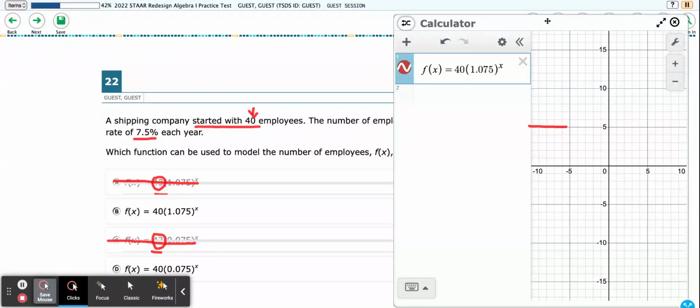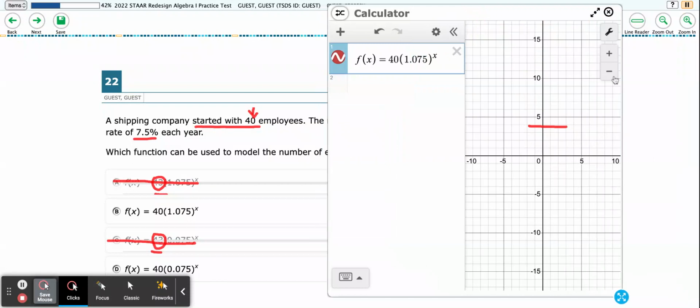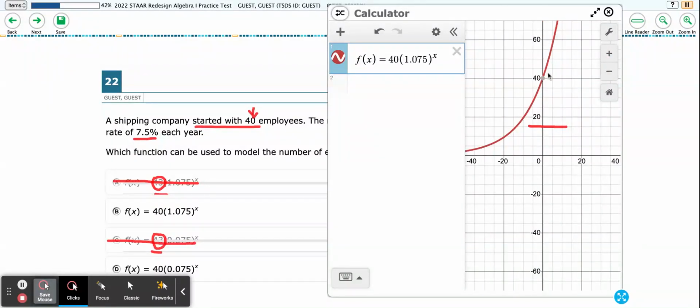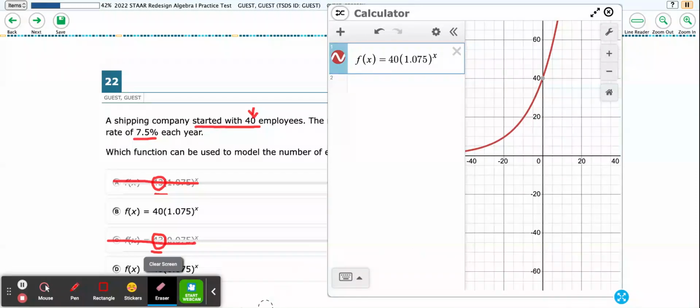So now what I should see, if I zoom out, is a graph. I'm going to zoom out a little further. There's my graph, and it's crossing at 40. Let me clear that mark right there.